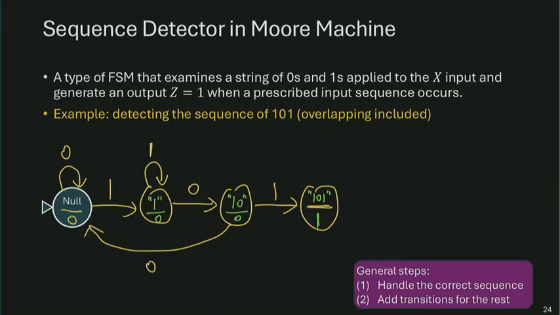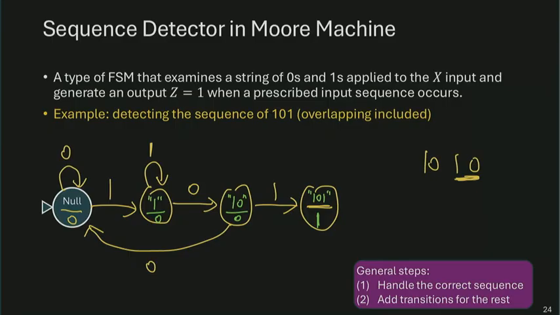And finally, 1, 0, 1 is the place where I claim success. I have already seen 1, 0, 1. If I see another 0, well, this 1, 0 could be the first 2 bits of the next sequence. I'm essentially reusing the 1 from the current sequence as also the first bit for the next sequence.